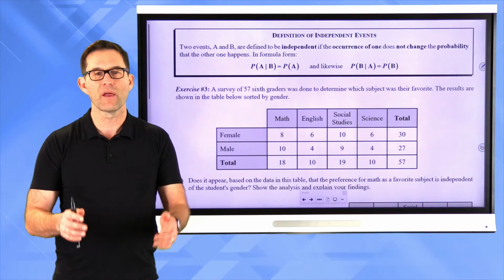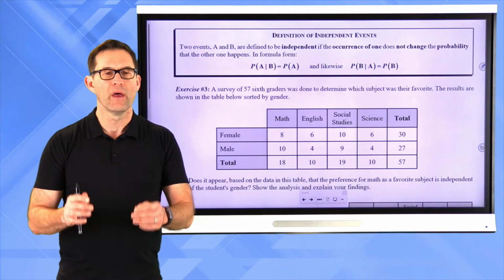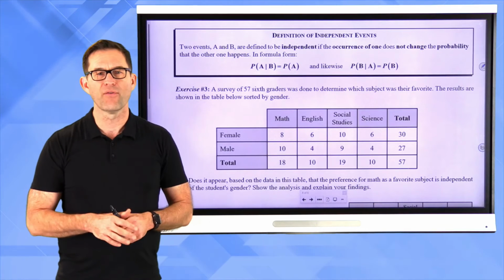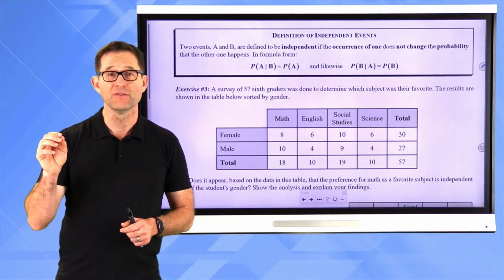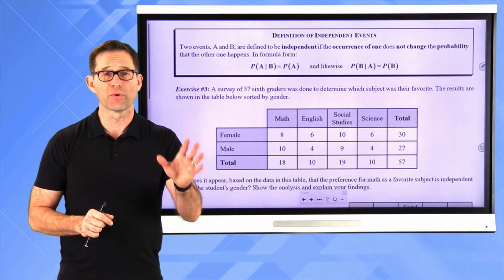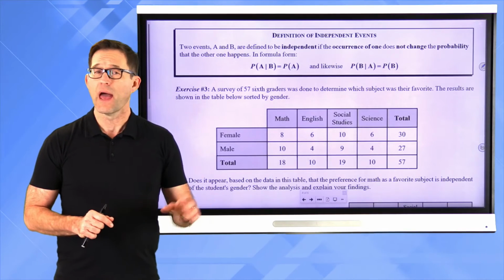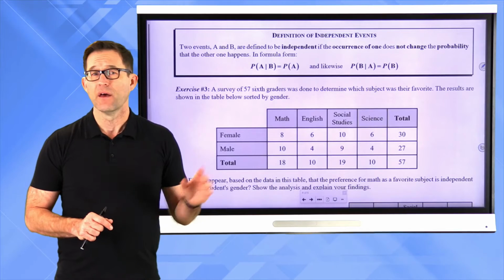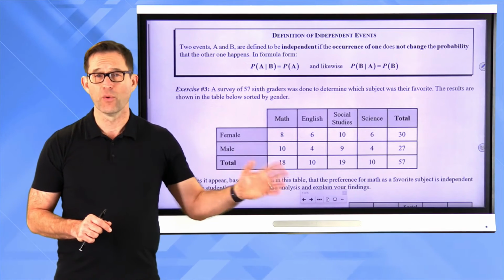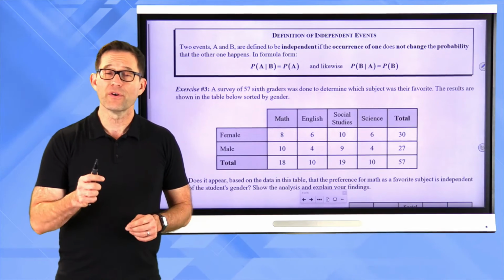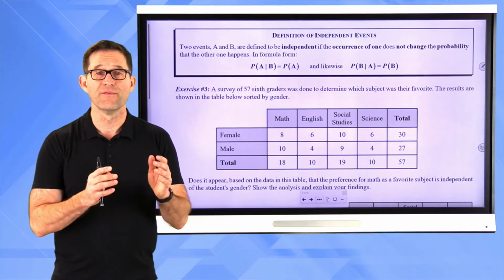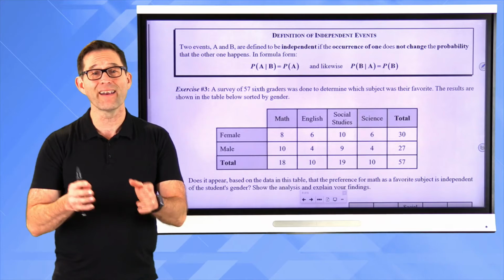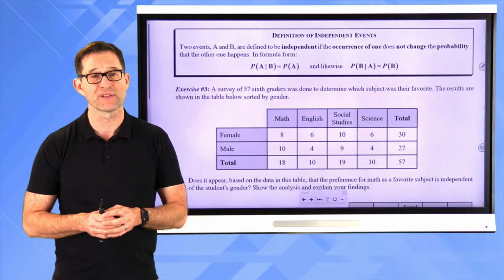Because they'll say something like, exit polls showed that 45% of all people voted for candidate A, but when we look at just men, 52% voted for candidate A, and when we looked at just women, 40% voted for candidate A, right? And what they're doing there is showing that the probability of a person voting for candidate A is not independent of the gender of the person.